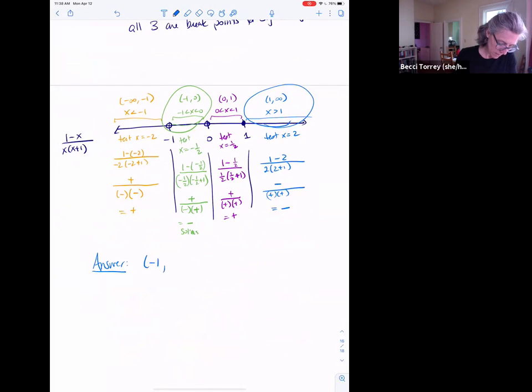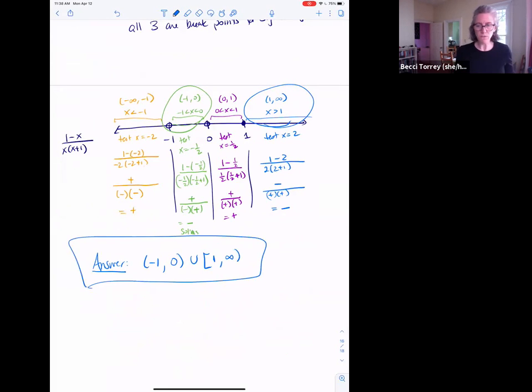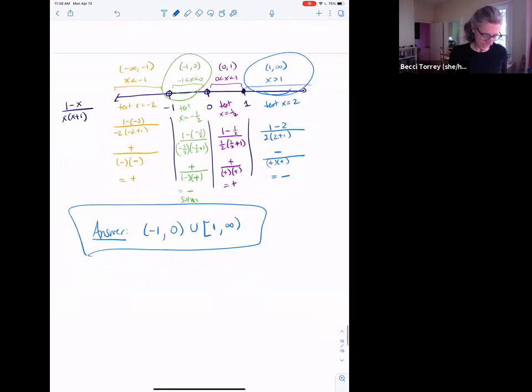So everything that's bigger than -1 but less than 0, but not including those endpoints, union everybody that's bigger than 1, but we do want to include positive 1 because it makes our solution equal to 0. So that's our answer for that problem. It's a lot of work. Sorry, some problems are a lot of work.